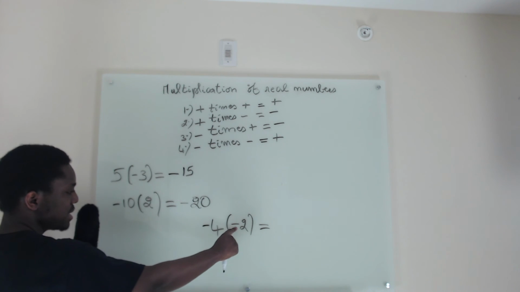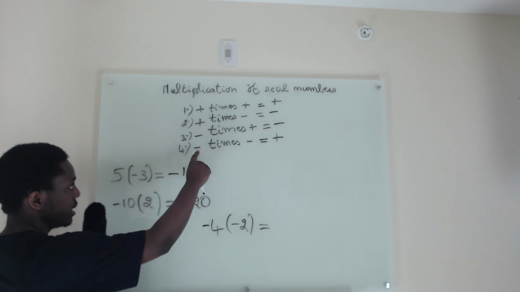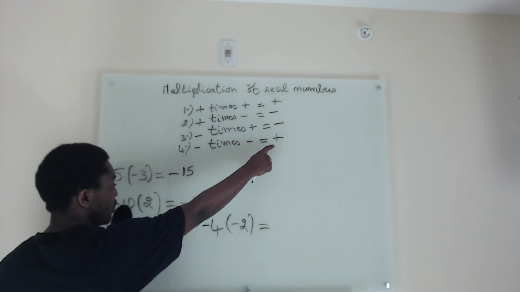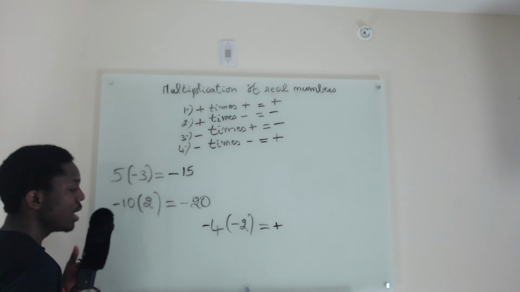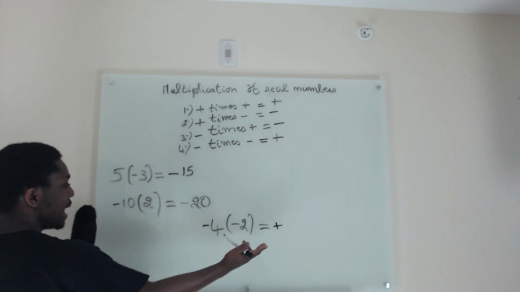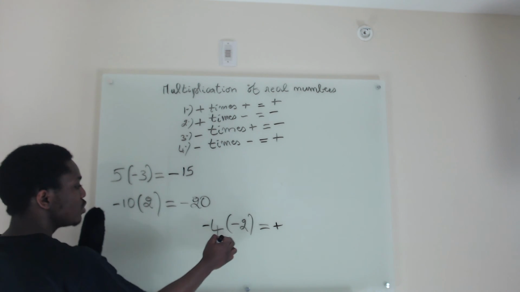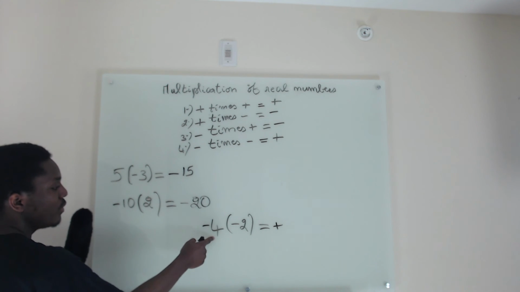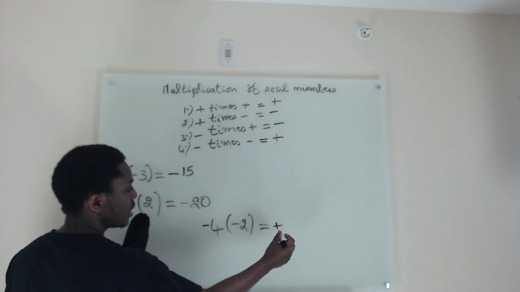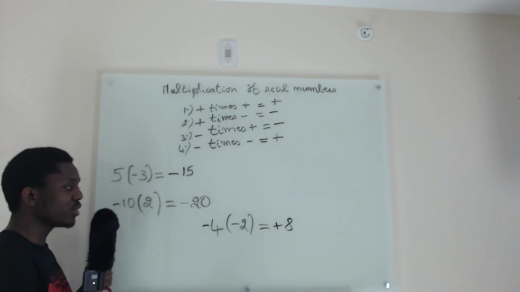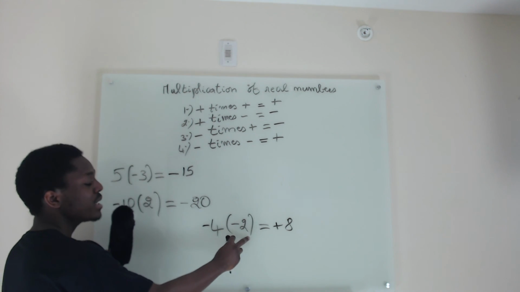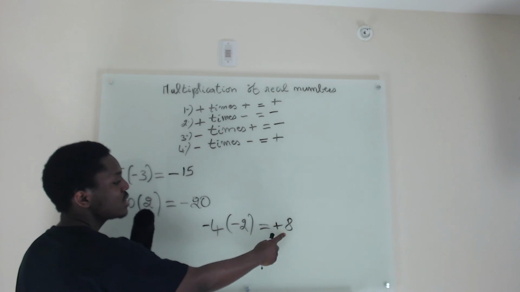Negative times negative is positive, so we put plus here. After multiplying the signs, now we have to multiply the numbers. So 4 times 2 is equal to 8. So the final answer of negative 4 parentheses negative 2 is positive 8.